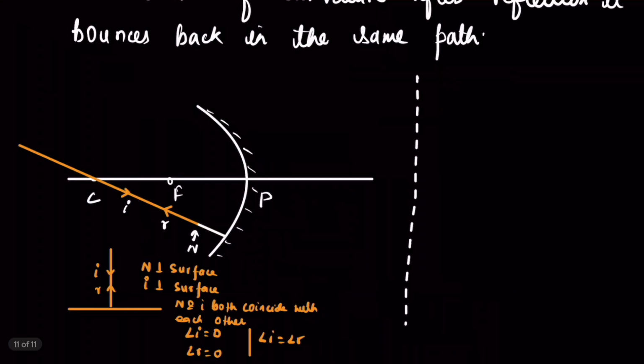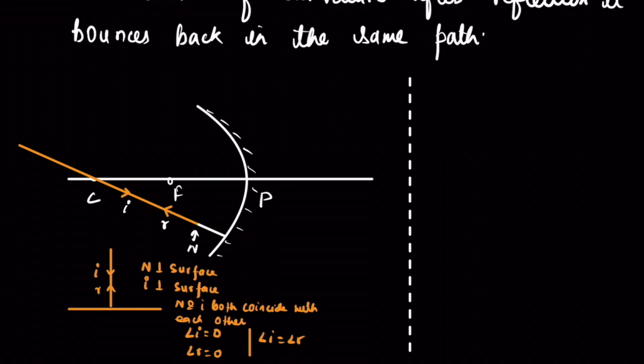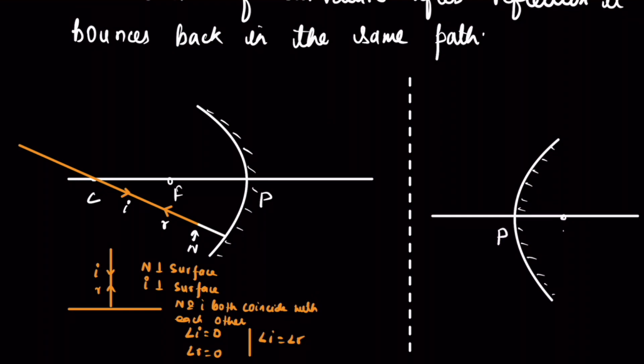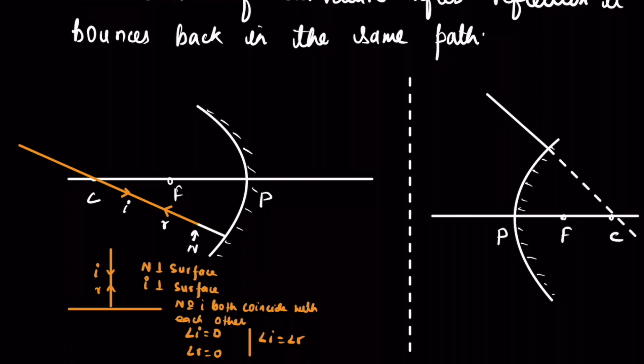Similarly, if we use a convex mirror, in a convex mirror both the focus and the center of curvature lie behind the mirror. So that's why they are imaginary. If we take the incident ray, the incident ray and reflected ray both lie on the same path. So these are the three rules.